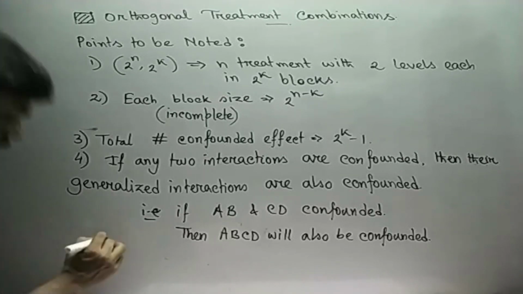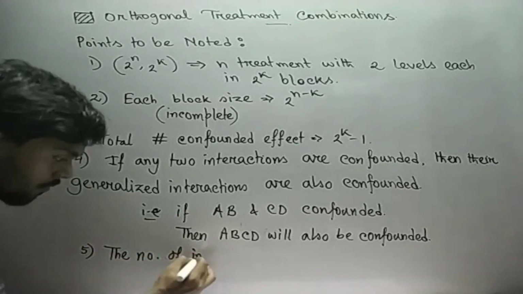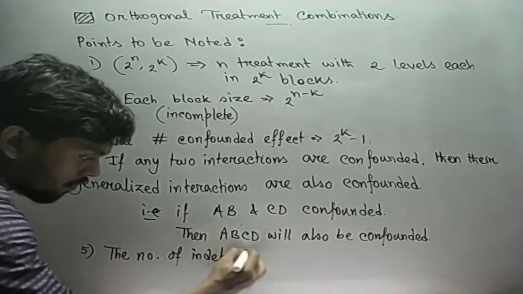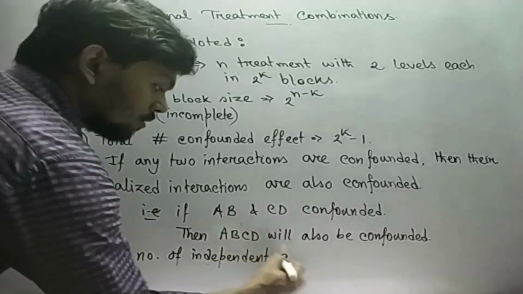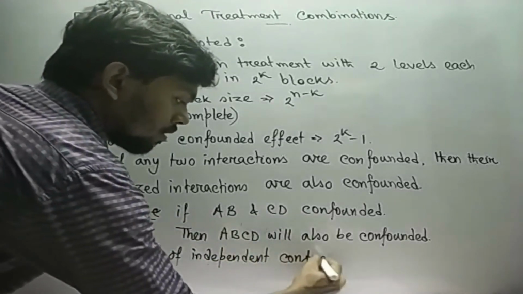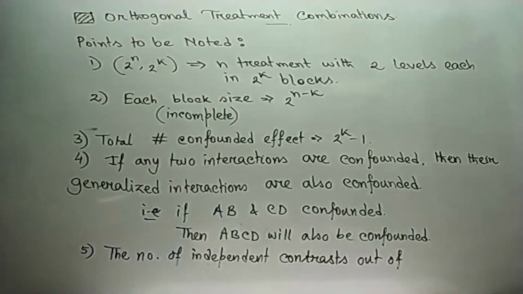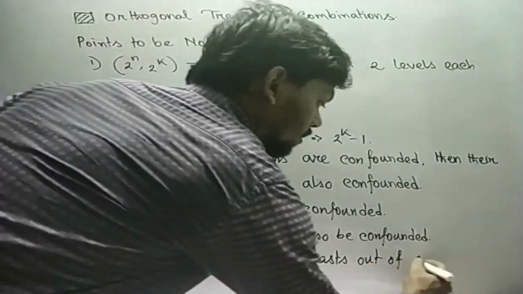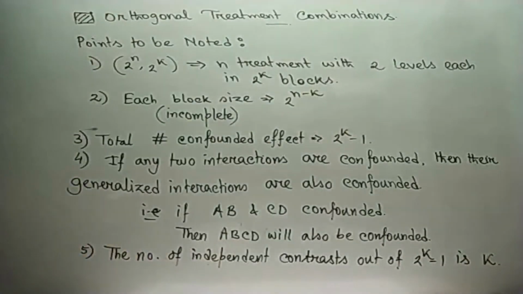The number of independent contrasts out of 2 to the power k minus 1 is basically k.